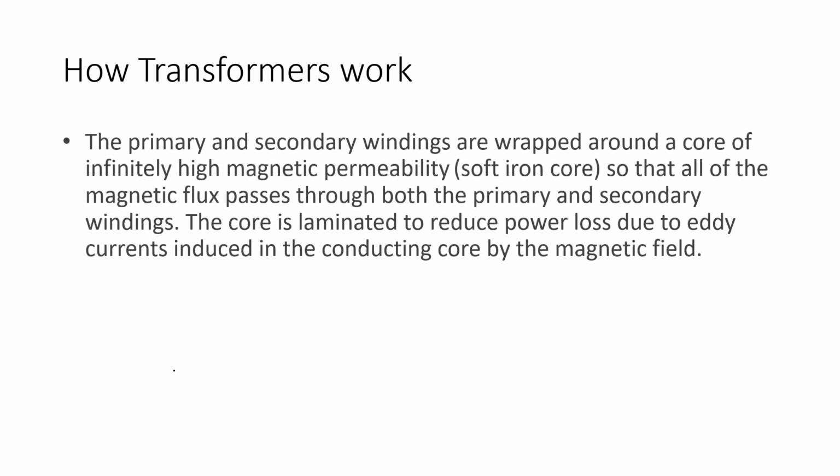It says that the core is laminated to reduce power loss due to eddy current induced in the conducting core by the magnetic field. So in a sense, let's just look back at the transformer.